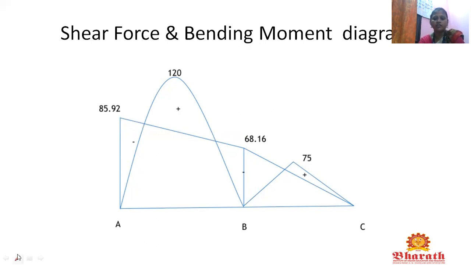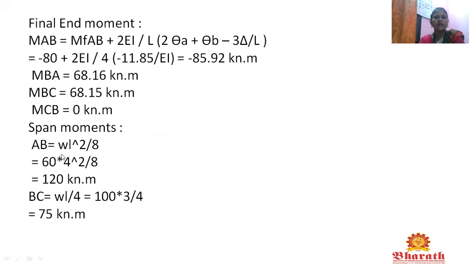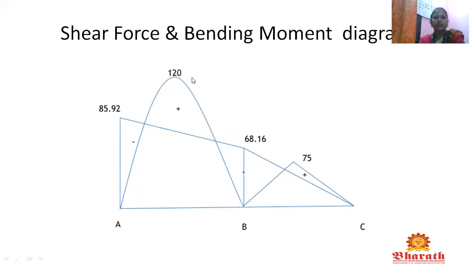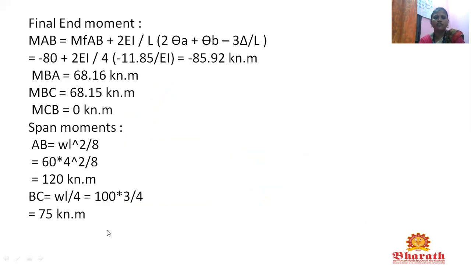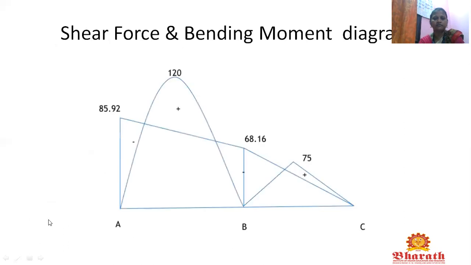Next, we come to the span moments. What is the span moment for AB? We got 120 with a positive sign. Since it is a UDL, we have to draw it like a parabola and mark the value 120. Next is span BC. What is the value we got? 75.